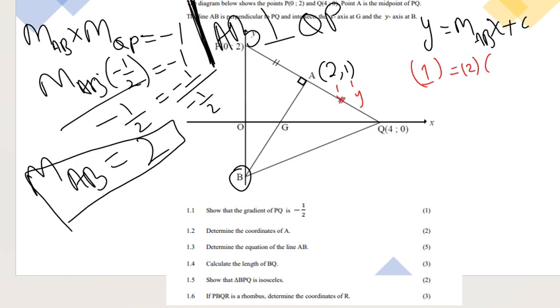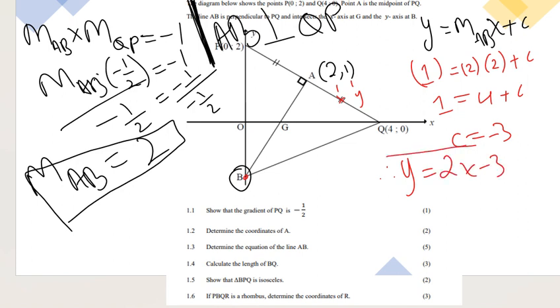X is this 2 as well, plus c. 2 times 2, that's 4, plus c equal to 1. Now take this 4 to the other side, then you will find out that c is equal to -3. And yes, here the y-intercept is negative, therefore the equation of this line is equal to 2x minus 3.